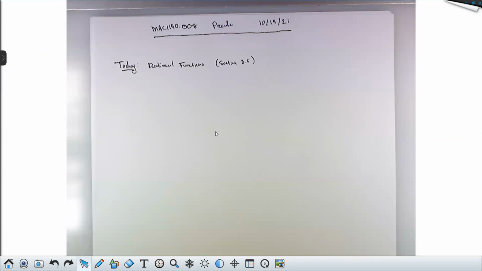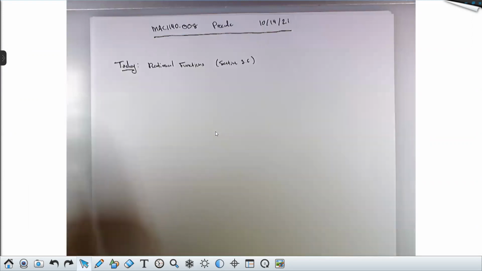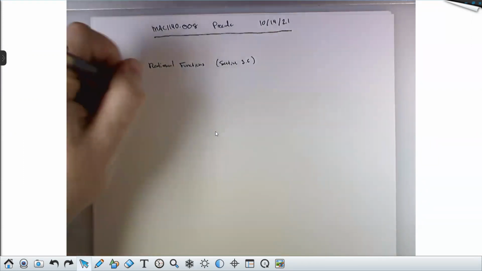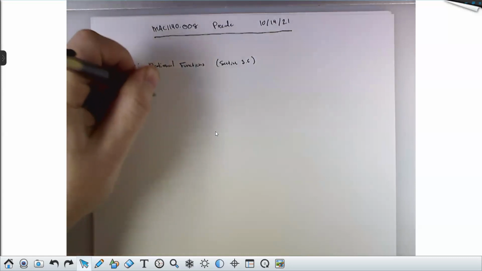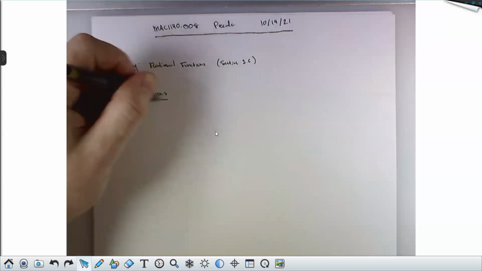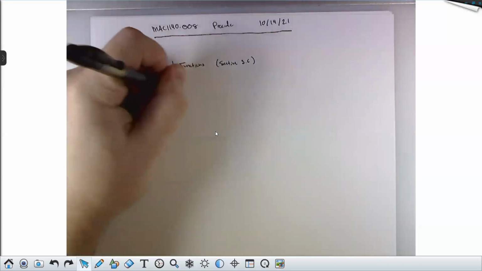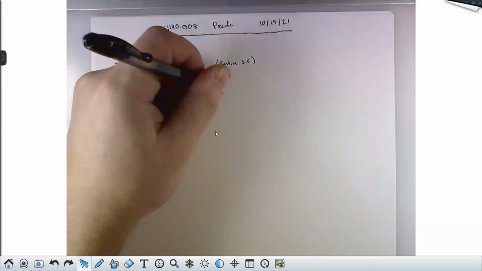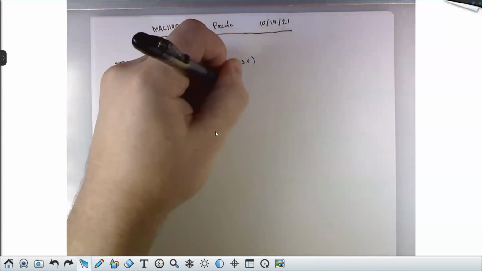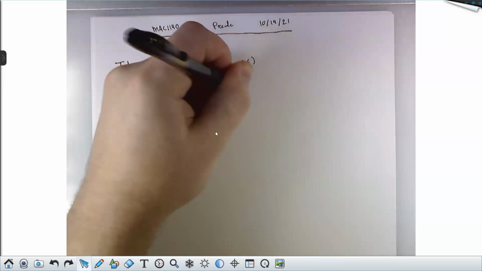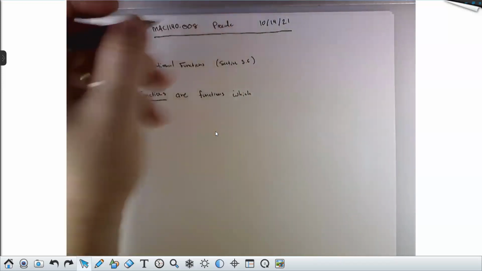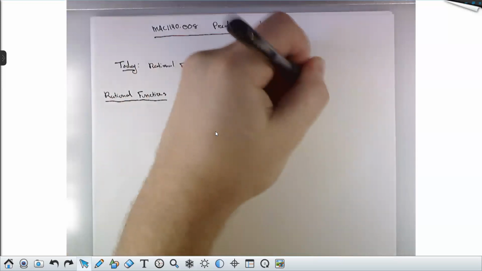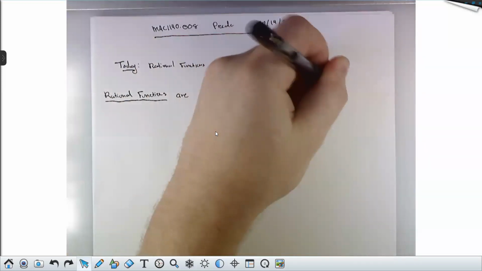Okay, so what is a rational function? Rational functions are functions which are ratios of polynomials.